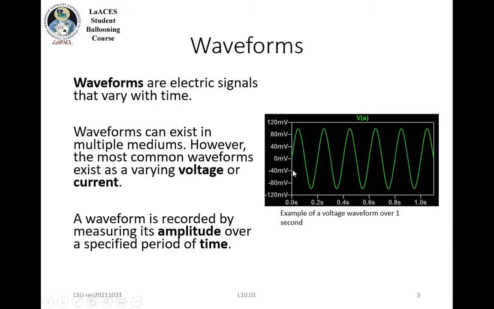And what we're talking about is a change in amplitude with respect to time. So we have here, for example, some voltage that's changing over the course of a second, right? This entire thing is what we would call a waveform.